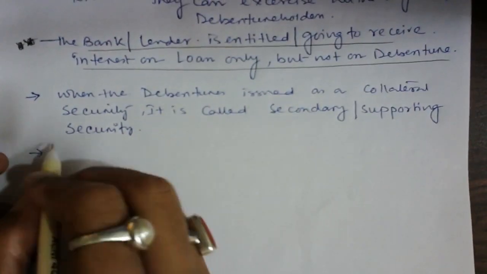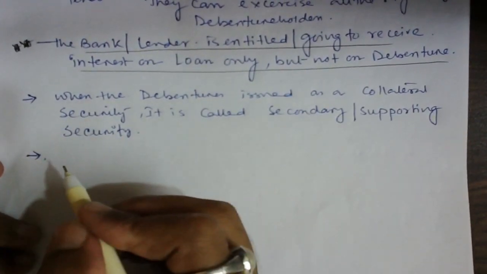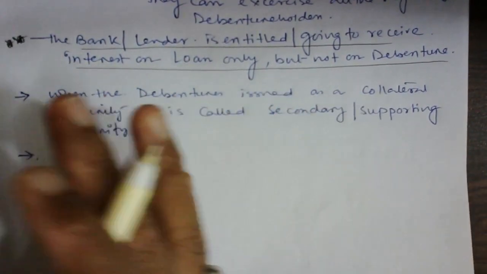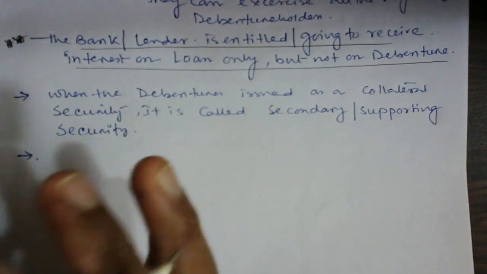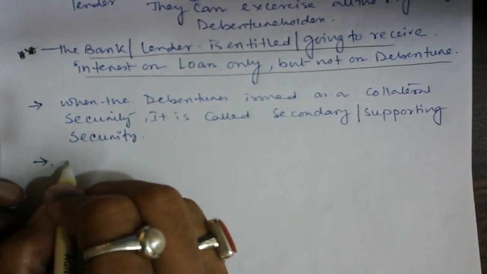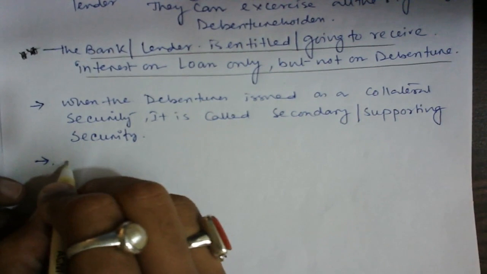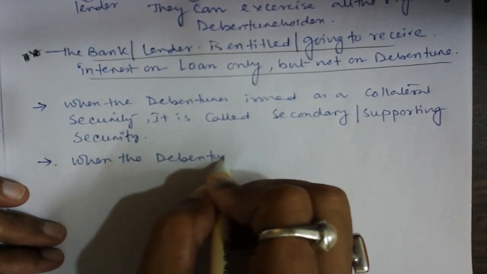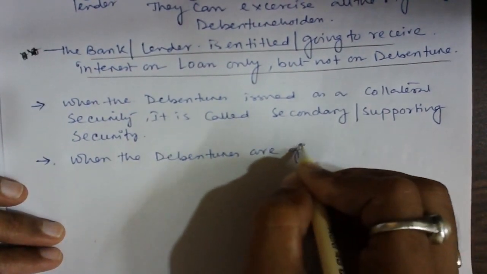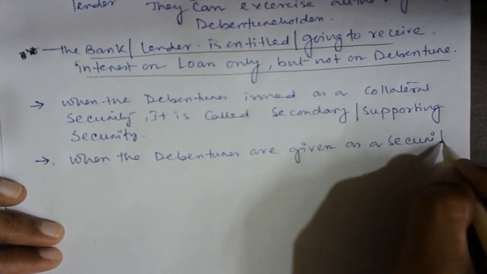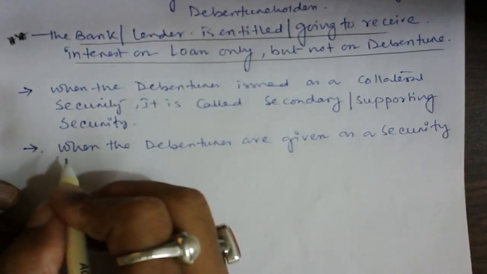These are quite important points, because a theory question may ask you what is a debenture as a collateral security. Then you just need to write down these points, and it will be fine.